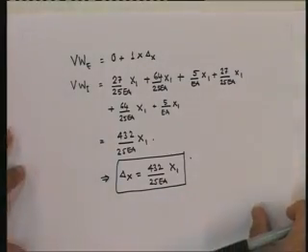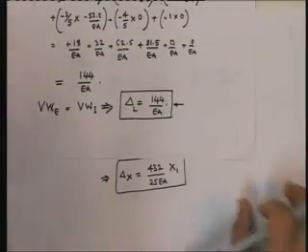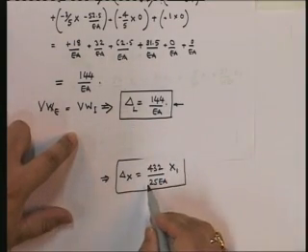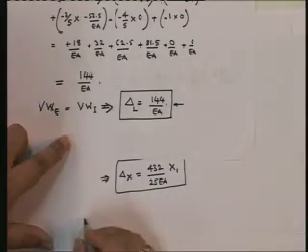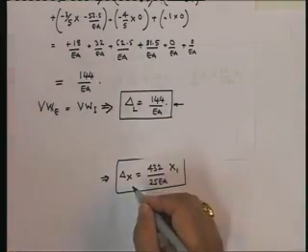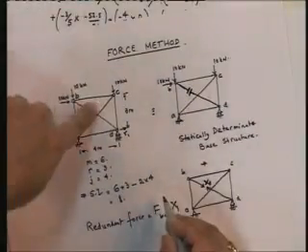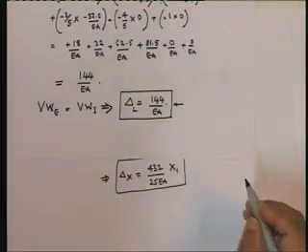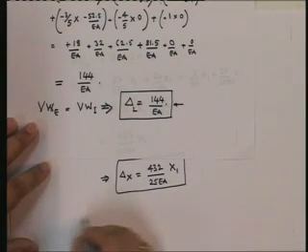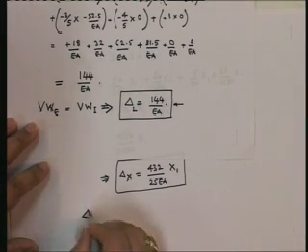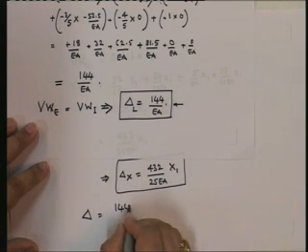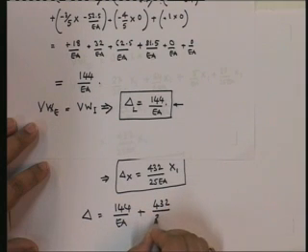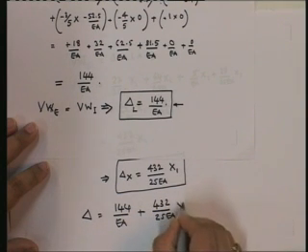So now I have computed delta L. I've got delta x, and what's the actual delta? There's going to be superposition of the two, because the displacement in this plus the displacement in this is going to be equal to delta equals 144 upon EA plus 432 upon 25 EA x1.